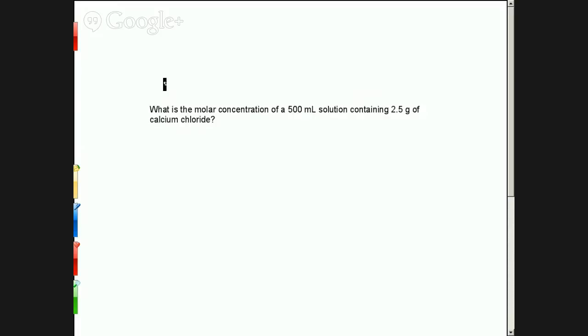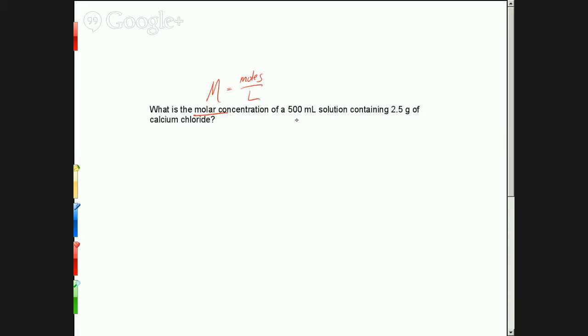So first key here, molar concentration. What does that mean? What kind of a quantity are we going to need to get? Moles, right? Molar concentration is molarity, which is moles per liter of solution. Moles of solute per liter of solution.